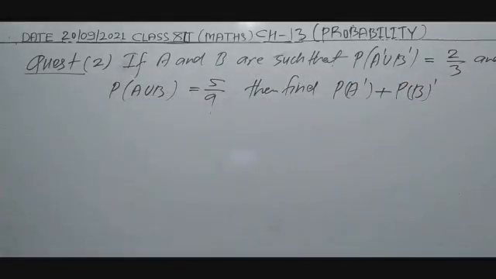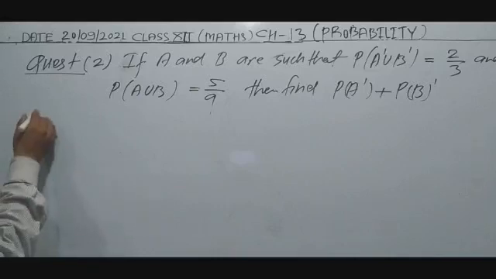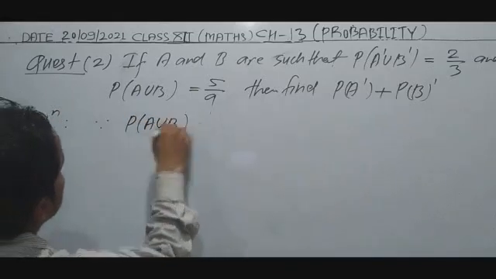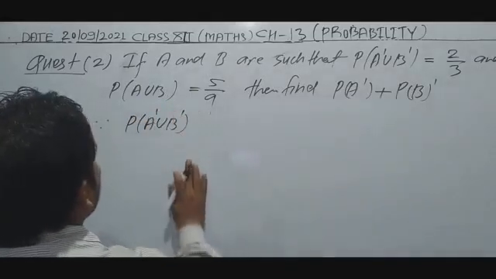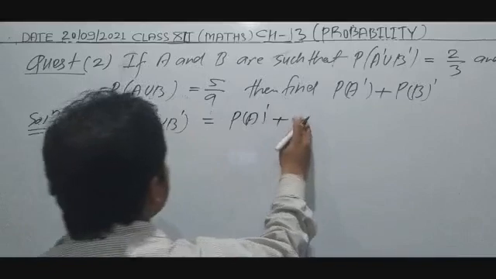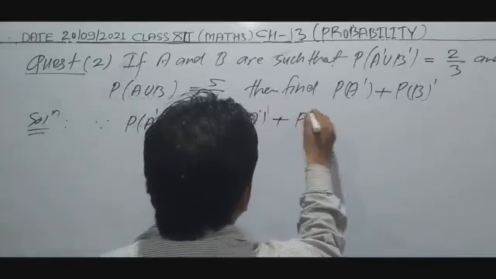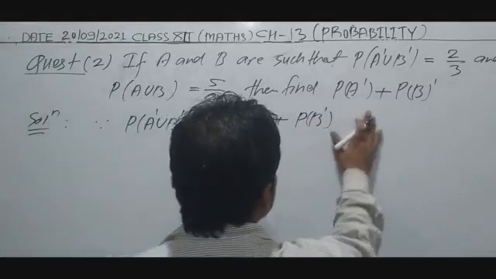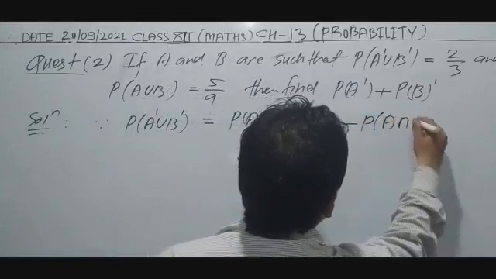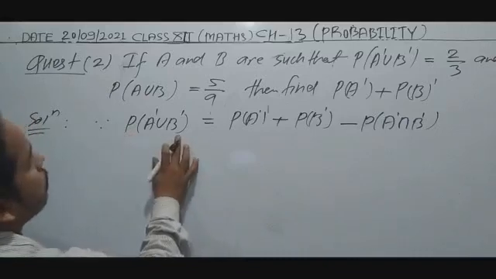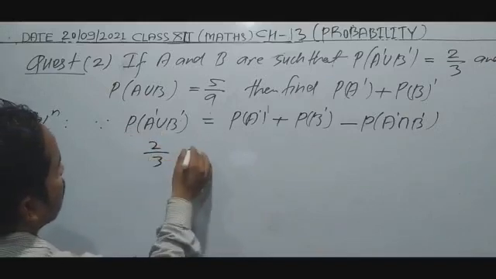So you know the formula. Probability of A complement union B complement we can write as probability of A complement plus probability of B complement minus probability of A complement intersection B complement. Its value, according to the question, is 2 by 3.